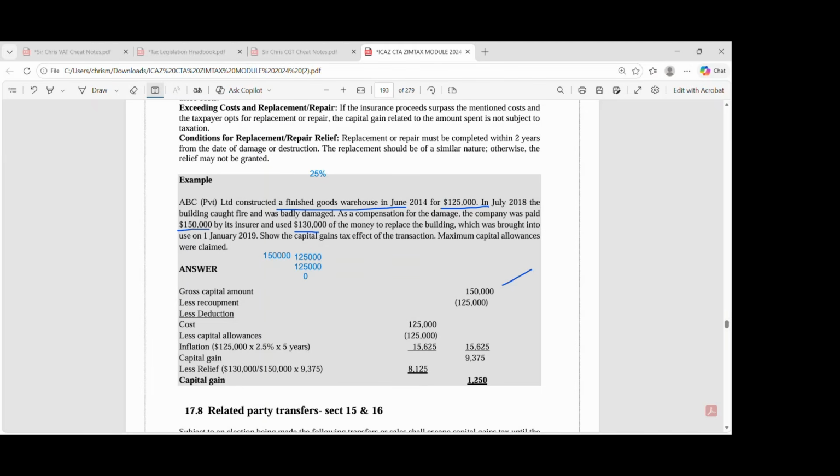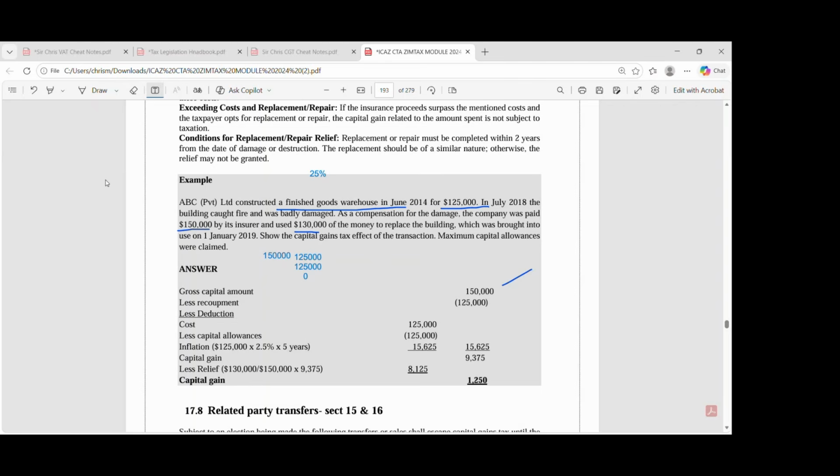And inflation allowance is fixed at 2.5%. So it's your 125,000 times 2.5% times 5 years, which is 15,625. So we get our total here, 15,625, and we get our capital gain, which is 9,375. This is usually known as the potential capital gain, but the 9,375 is for the whole 150,000.